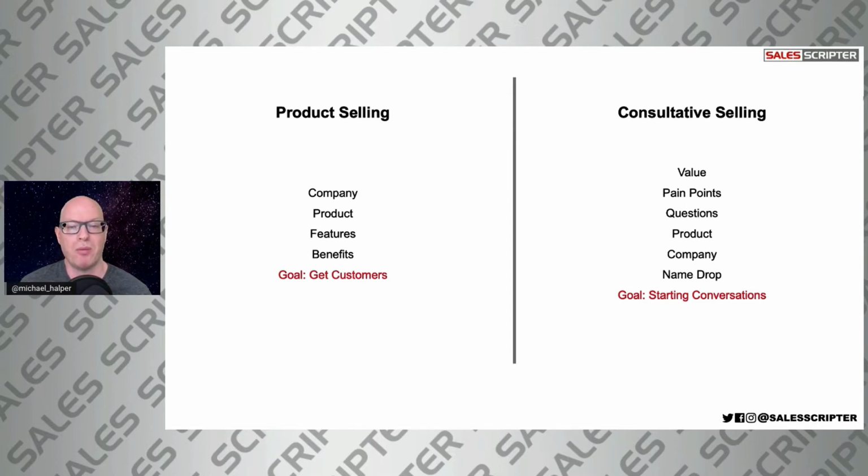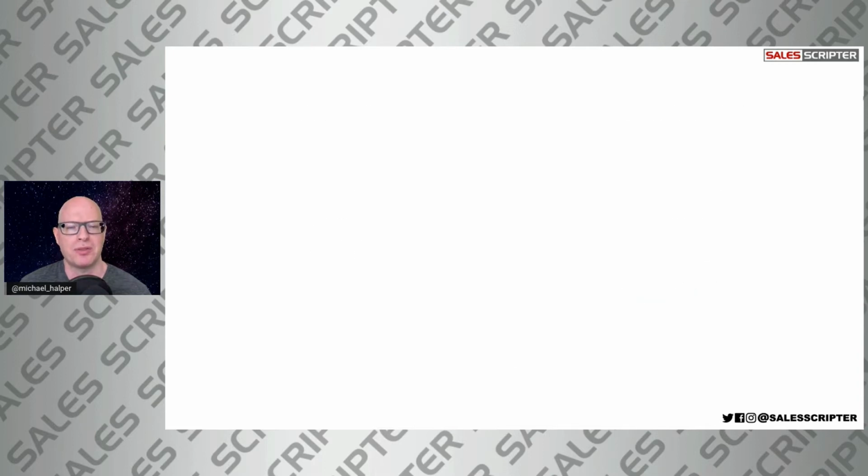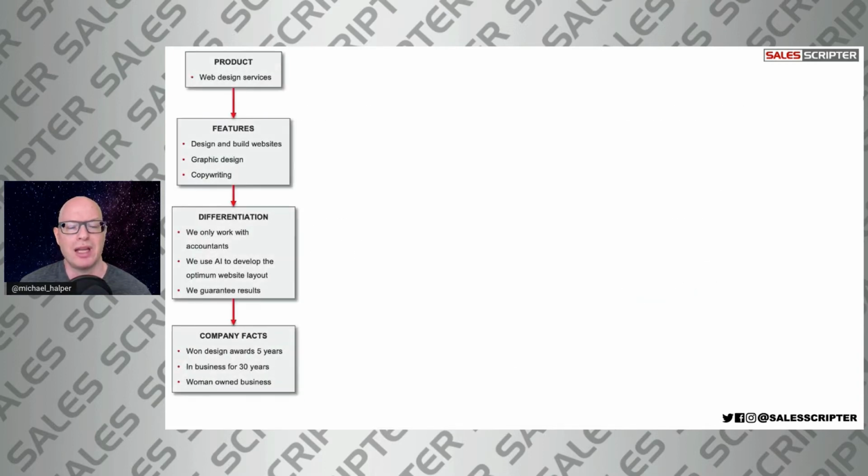If you want to have a sales presentation that closes more deals, you could have a more consultative approach, which is more on the improvements you can make, the problems you can resolve, and whatnot. So the way to have a consultative selling sales presentation starts with building your consultative selling sales message. And we've taken you through a process in previous training modules to build your consultative sales message regardless of what you sell.